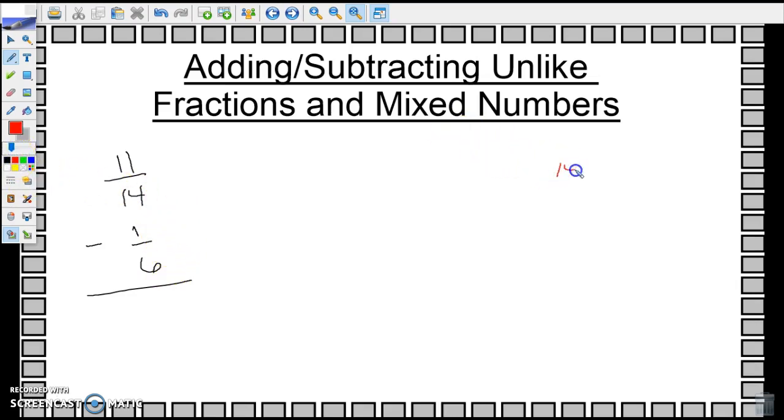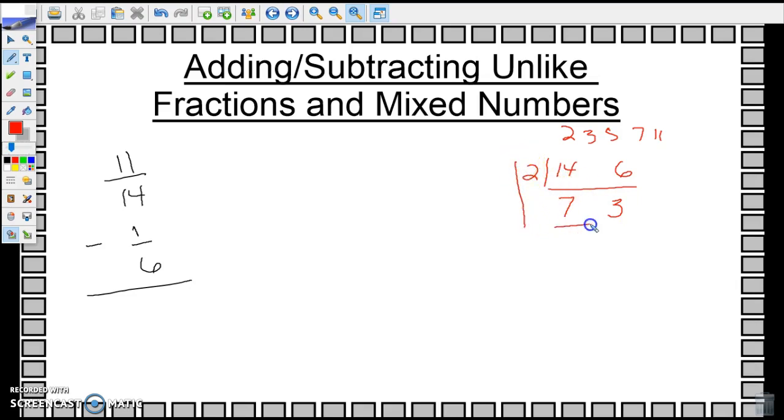So I'm going to put 14 and 6 into my upside down birthday cake, and I'm going to look at 2, 3, 5, 7, and 11 again, and ask myself, of these, what can go into 14 and 6 evenly? And I find that 2 can. So 14 divided by 2 is 7. 6 divided by 2 is 3. And I'm going to ask myself again, can anything go into 7 and 3? And my answer would be no.